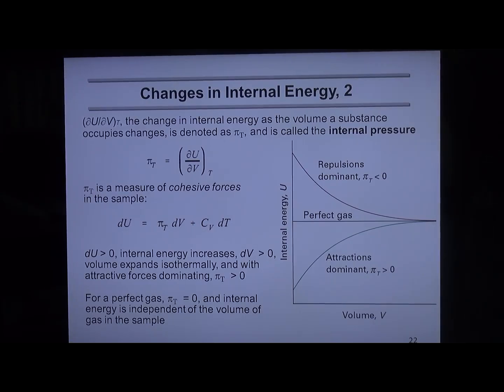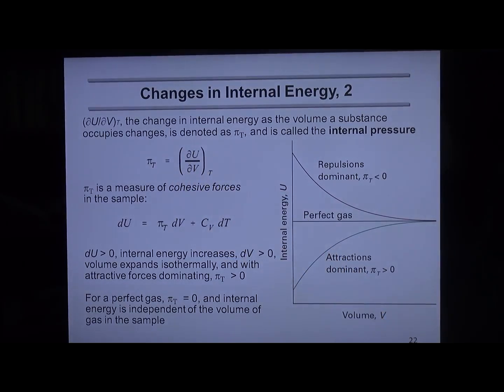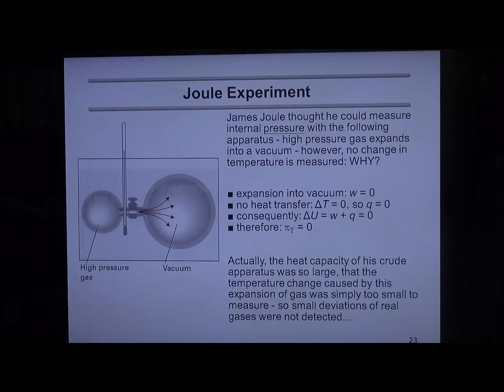Then, how can we measure this value, internal pressure? Can we really measure internal pressure experimentally? The answer is yes. People tried to do it, actually. Joule. Remember Joule? Very famous scientist.